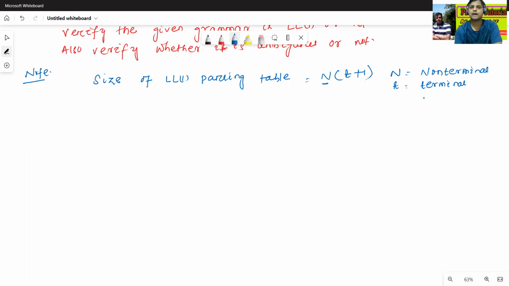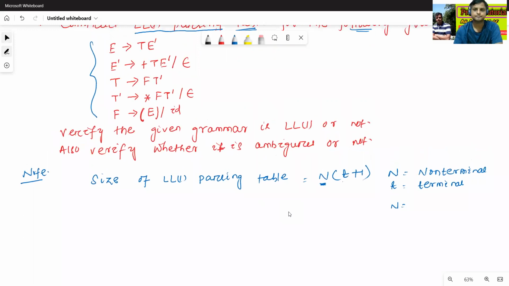Okay. So now we'll see how many non-terminals and how many terminals are present in the context-free grammar. Here we have E, E prime, T, T prime, F. So there are 5 non-terminals in the following grammar, so N equals 5.